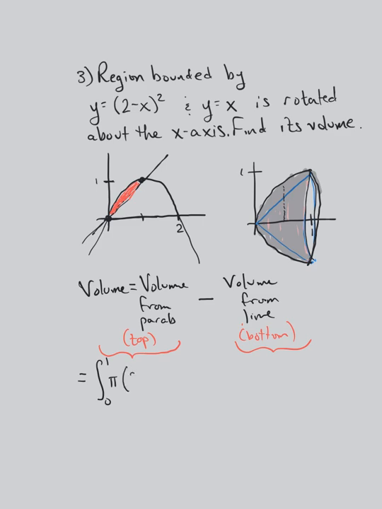This one's a little bit strange. I have the quantity 2 minus x squared, and then I have to square it. All right, and then I have minus the volume from the line. That's also going to be the integral from 0 to 1 of pi times the line's equation squared.